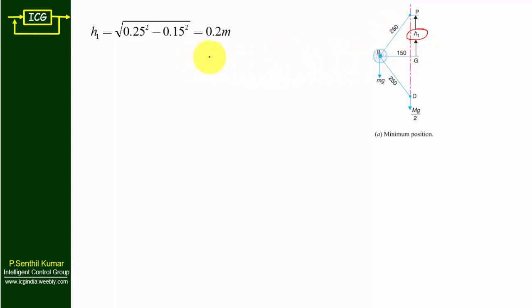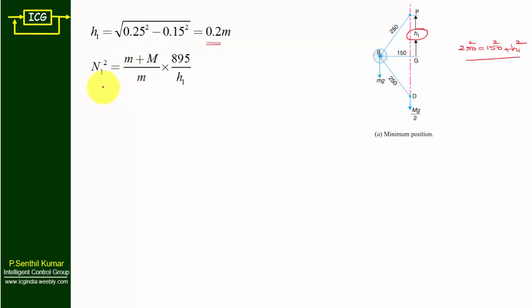So h1 equal to 0.2 meter, because hypotenuse squared, 250 squared, equals 150 squared plus h1 squared. From that I can easily find h1. Note that 250 is in mm, whereas 0.25 is in meter.